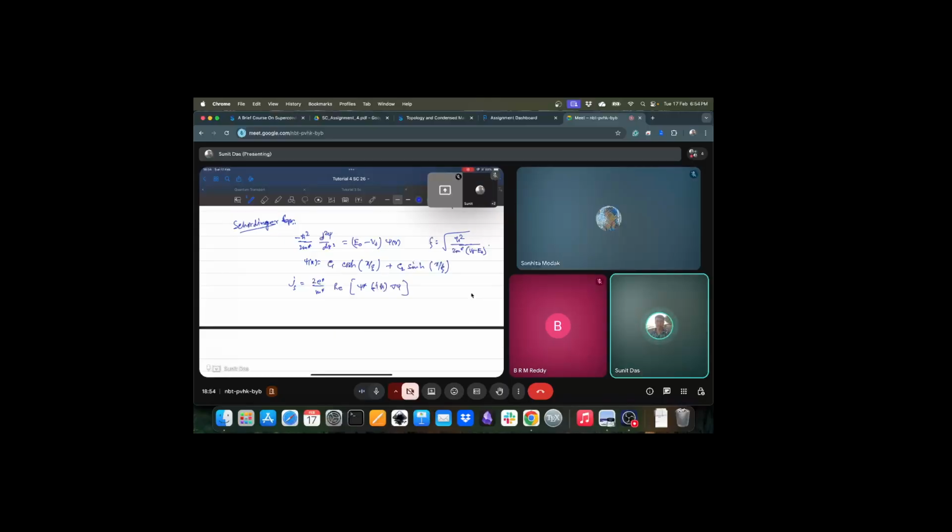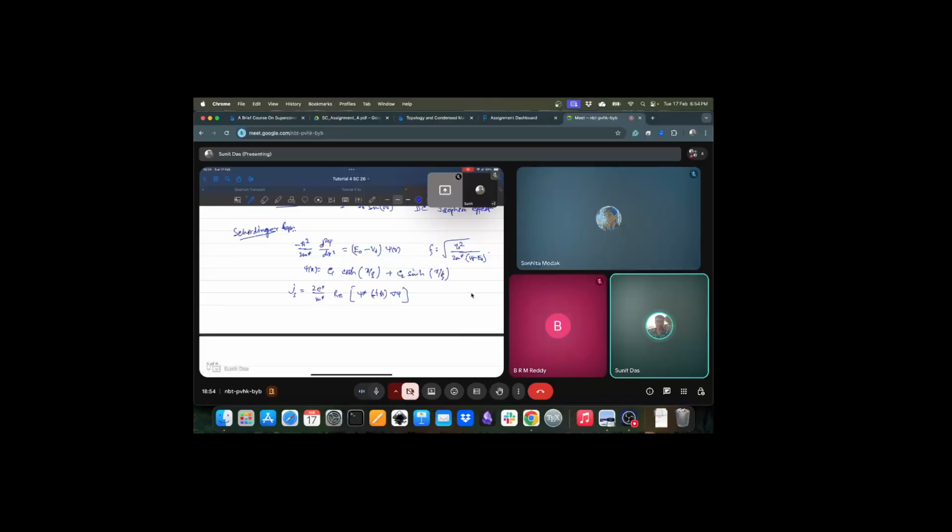So this is nothing but the current density expression for a quantum mechanical system written in terms of the real part. Usually we had psi star grad psi minus psi grad psi star, but the basic equation is that only.